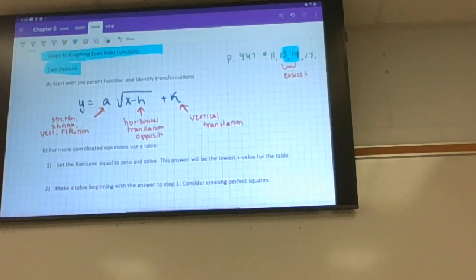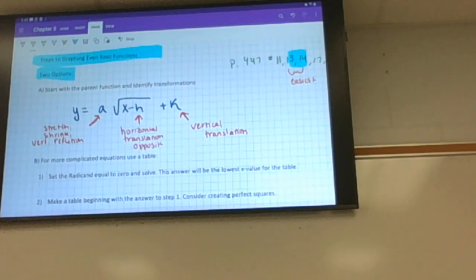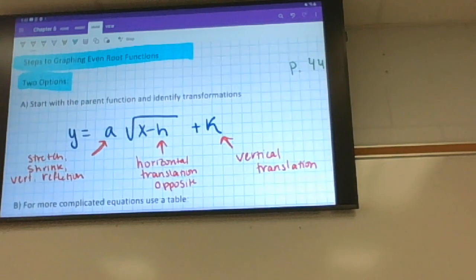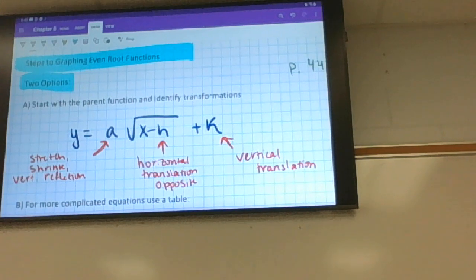Here are just a little bit of notes, if you like notes. Steps to graphing even root functions. This is for square root, fourth root, sixth root, eighth root, whatever. You start with the parent function and identify the transformation. As a reminder, a number in front will cause a stretch, a shrink, or a reflection.